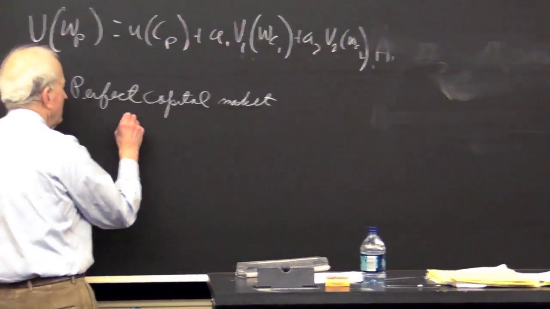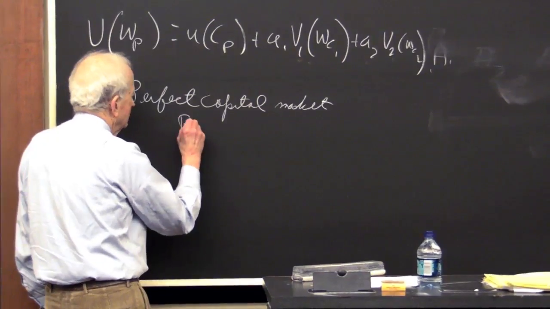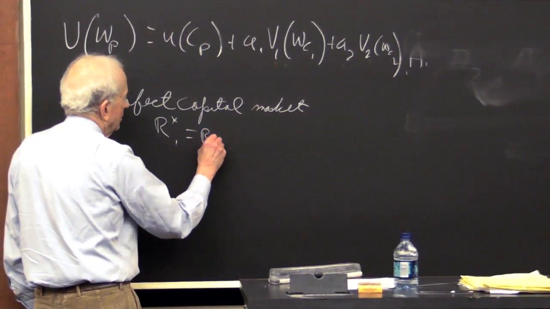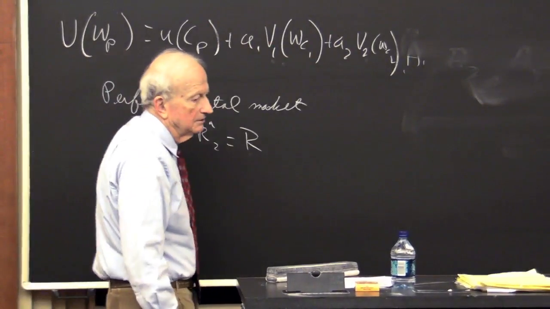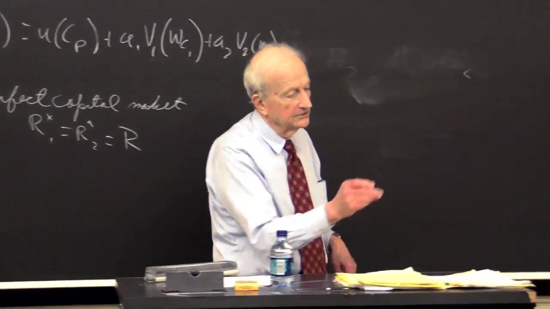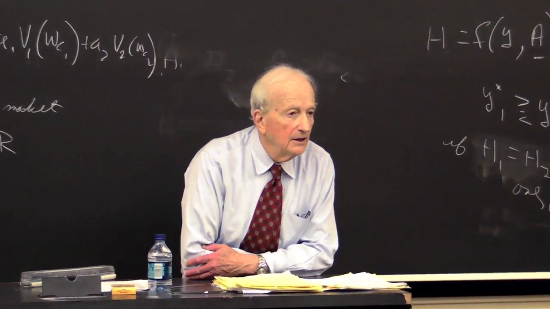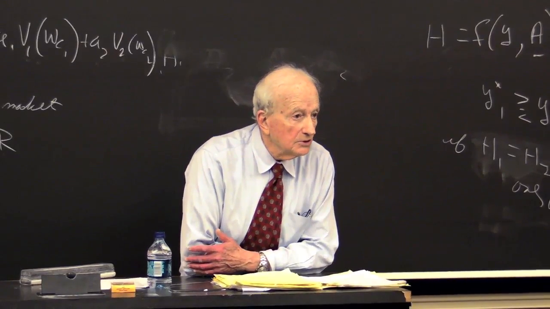We know that R star 1 and R star 2 may be equal to some R. We'll show what that is a little later on. Maybe I'll get to it today. Right, that we're going to equalize the marginal rates of return.